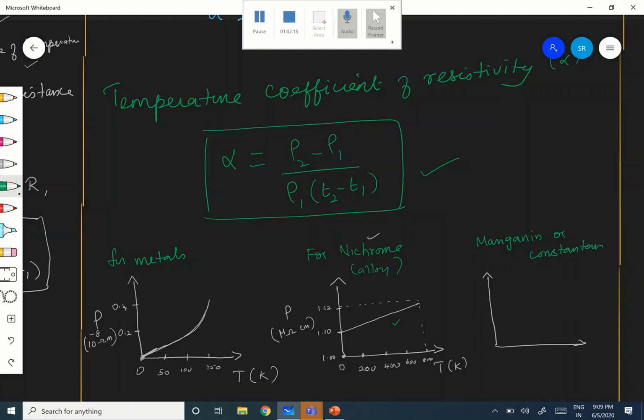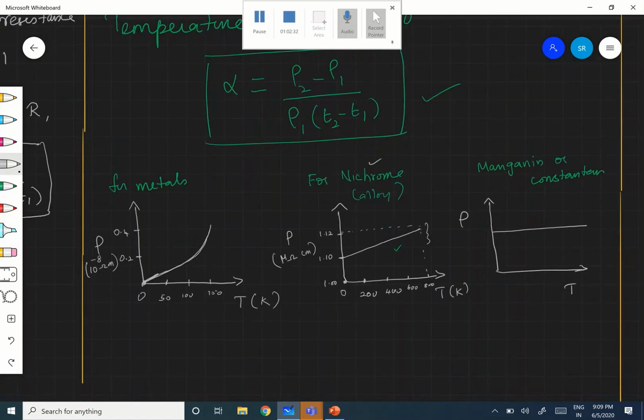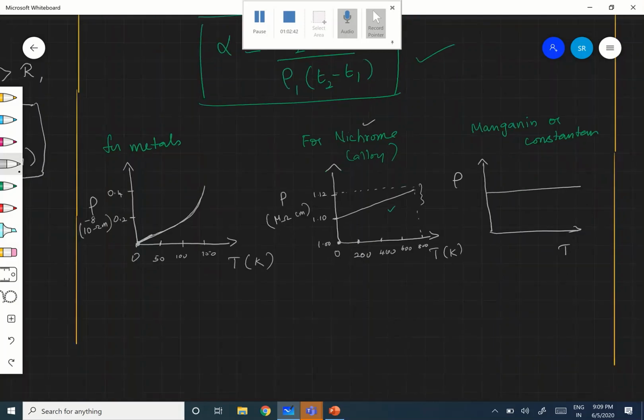For that if you plot a graph, nothing will change, no change at all, rho versus T. Even if you change up to 800 degrees Celsius, in nichrome there is a small change, but there is no change at all in manganese or constantan. That is why it is meant for making resistance coils. Rather than nichrome, we use only manganese or constantan for making resistance coils, right?